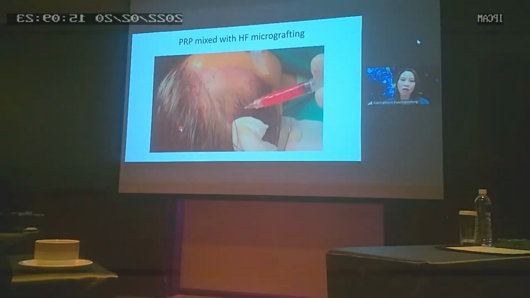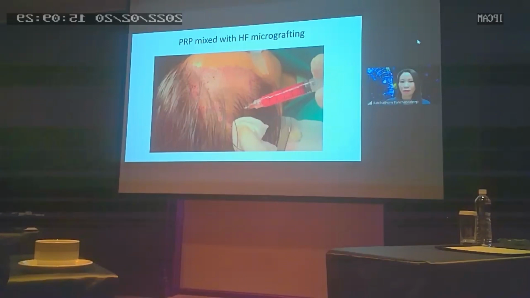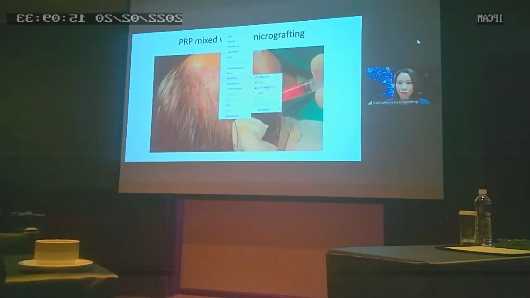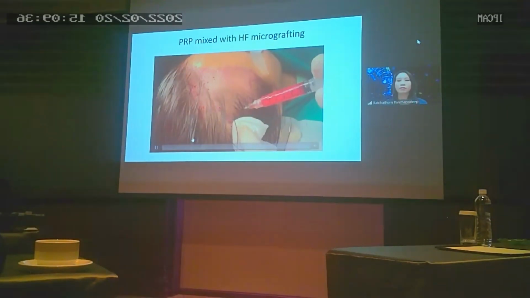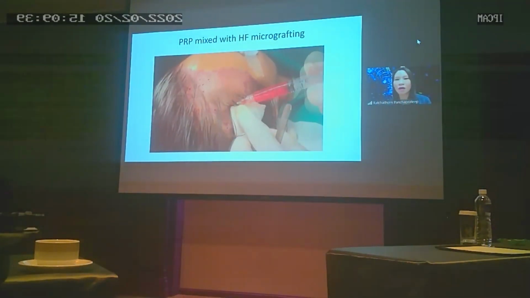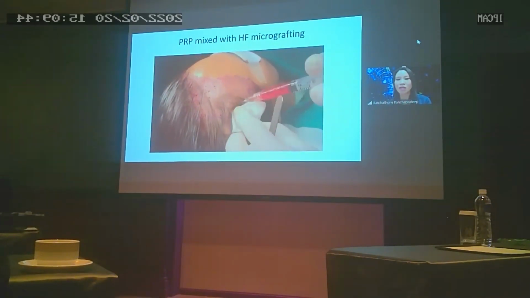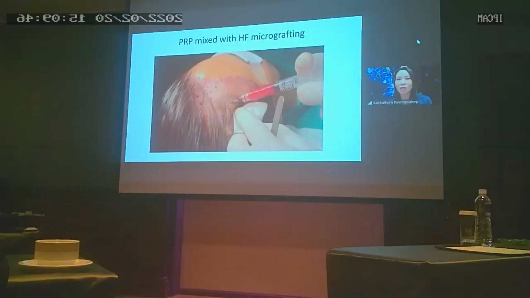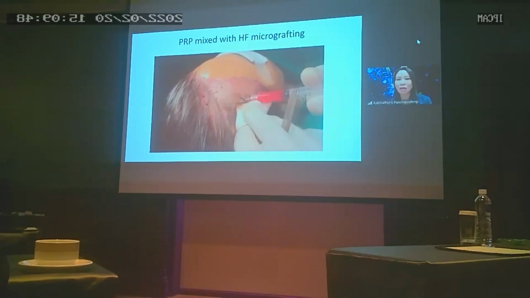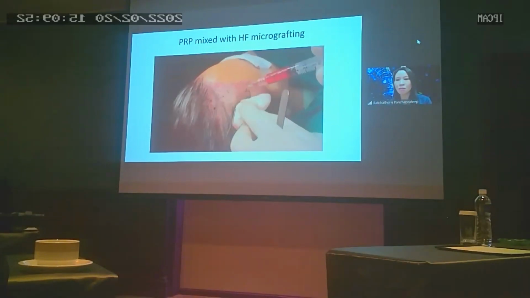This is how I combine with the PRP. Right now, I usually combine the AMT regenerative mixed with the PRP into the graft after I do site making, before I start to do the implantation.